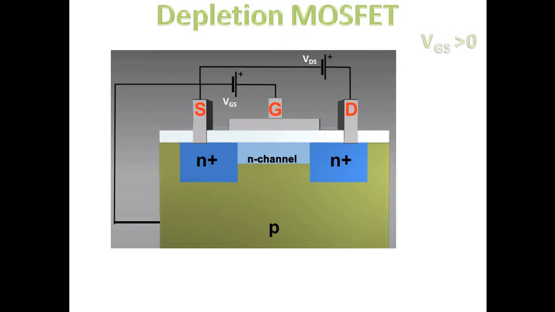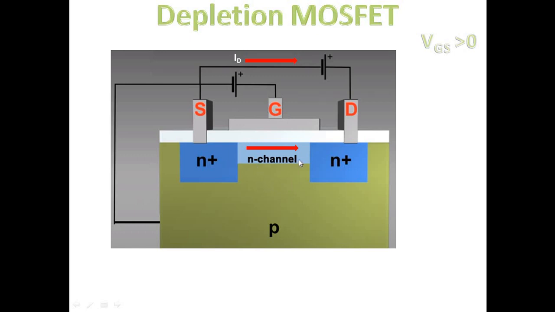As soon as I make my gate terminal more and more positive compared to the source, then the same thing that was going on in case of VGS equal to 0 will go on happening, because if the gate is more positive compared to the source, it is going to attract more and more electrons inside the channel, right?